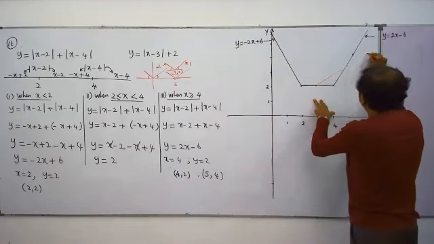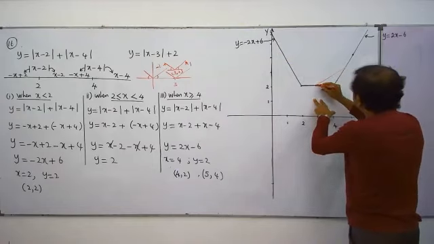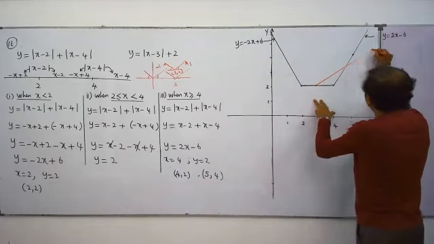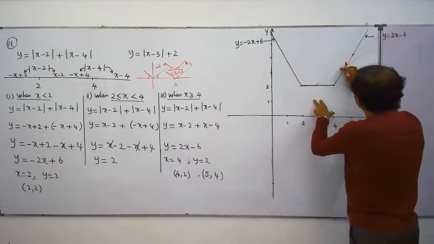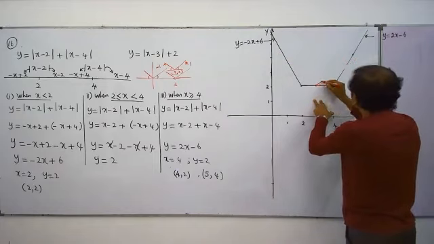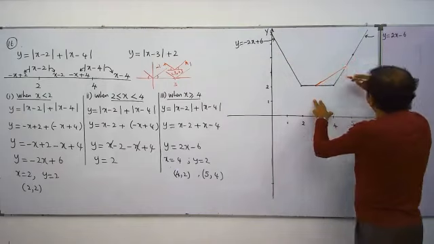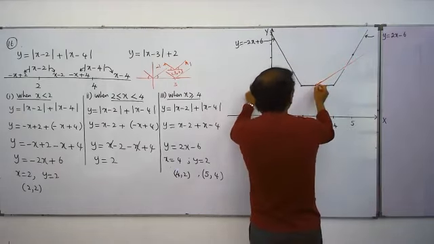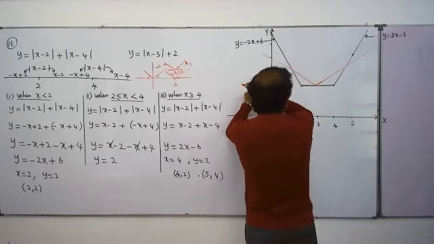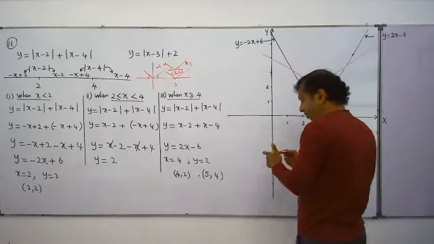A 45-degree angle should be drawn like this. Right. So here also people like that. 45 to the left, no? Like this. This way, people, we get that graph.